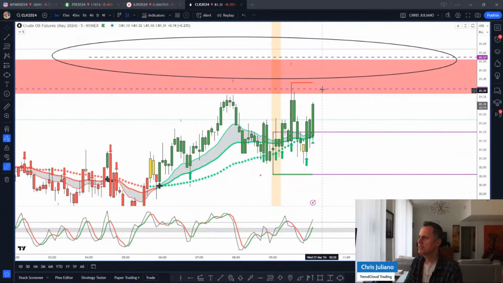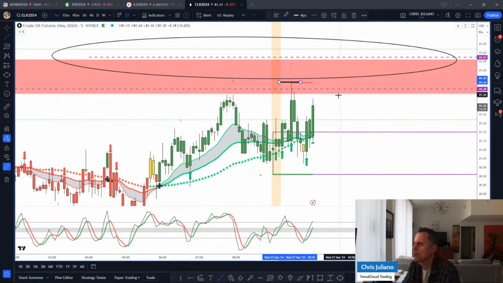It would be good if price comes back into here and does not break through this structure. We want it to form a lower high. Okay, so here's your high. We want to form a lower high and then break through structure, right?